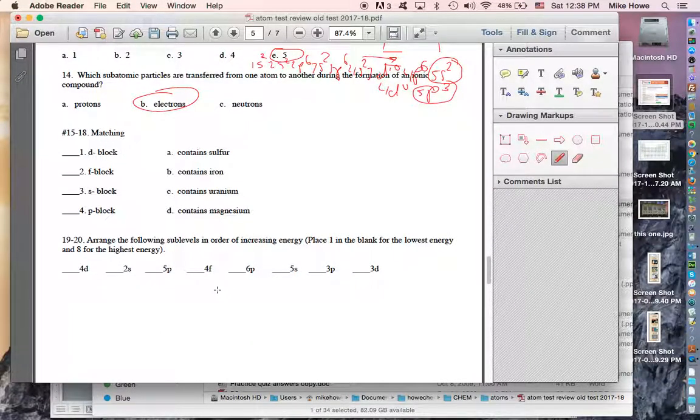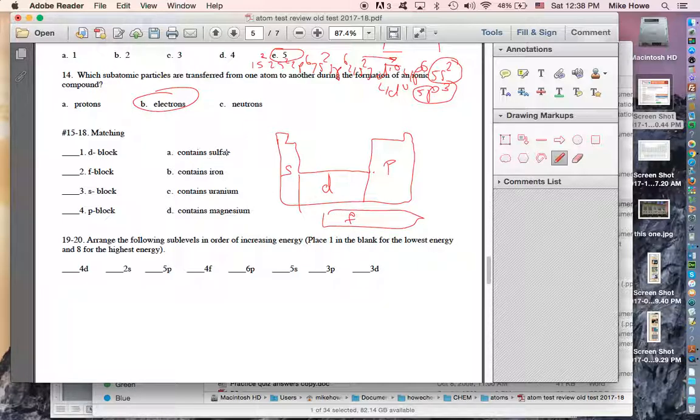And 15 through 18, you've got to look at the blocks on the periodic table. So here's a quick, high quality drawing of a periodic table. This area over here is the s block. From here to here is the d block, and over here is the p block, 6 electrons wide, and these guys down here at the bottom are 14 wide, that's the f block.